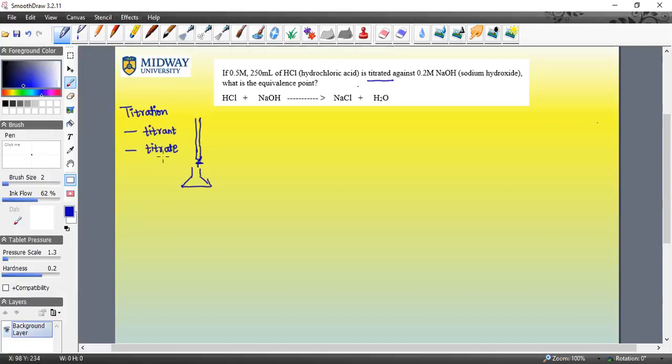So the titrate is typically what goes in a conical flask. It's usually small quantities of it. Don't take a lot of titrate. What you would put in the burette is your titrant. Okay, this is your titrant. This is your titrate. Okay.